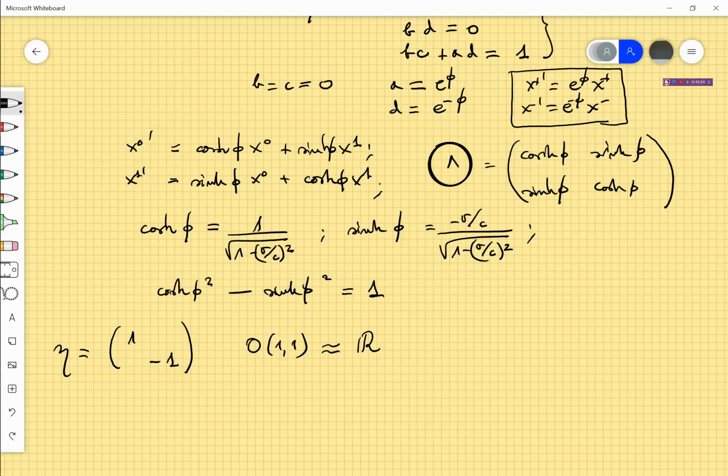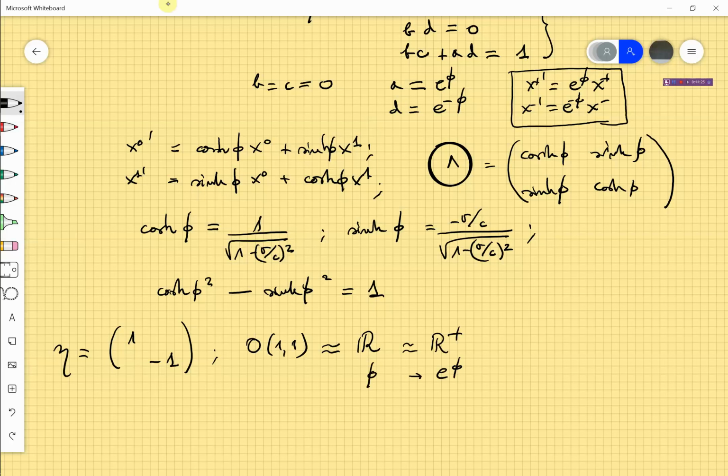Okay, this is a typical group isomorphism, so many groups have different representations. As a matrix group, it is O(1,1), but this is also analogous to the group R. And also R is isomorphic to R plus if you go from phi to e to the phi, because only this positive number really plays a role.